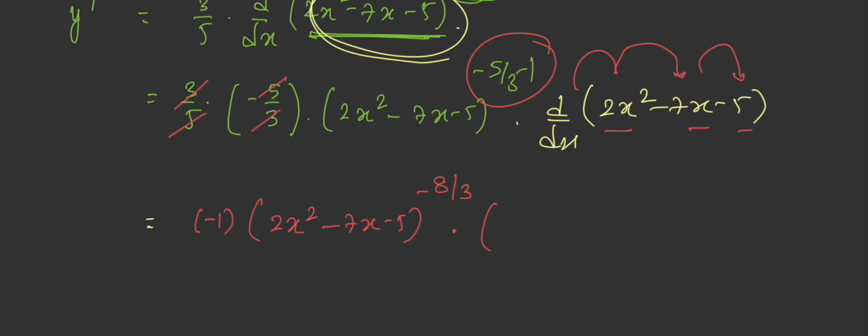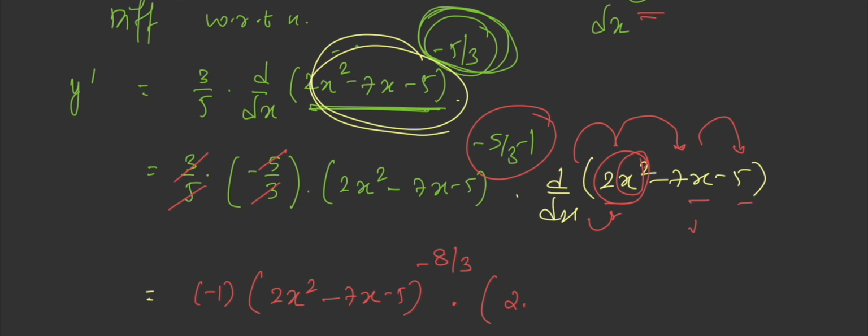Linear operator means it can go inside a function if they are in plus and minus. So what will be the differentiation of 2x square? 2 will remain as it is. The differentiation of x square using our power rule is 2x. Minus 7 will remain as it is. The differentiation of x is 1, so times 1. Minus 5: since 5 is alone without any variable, its differentiation will be 0.